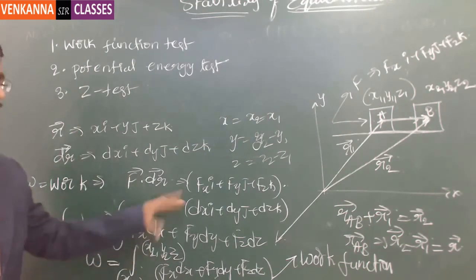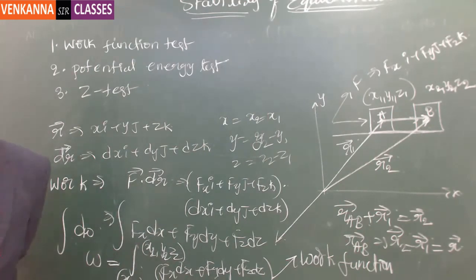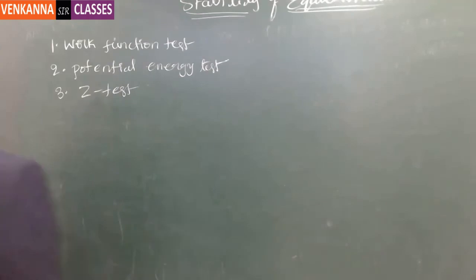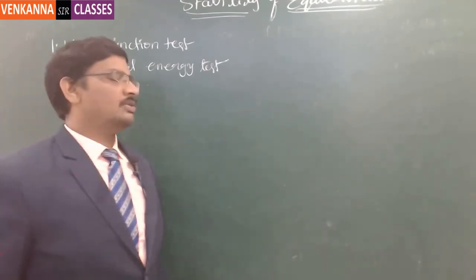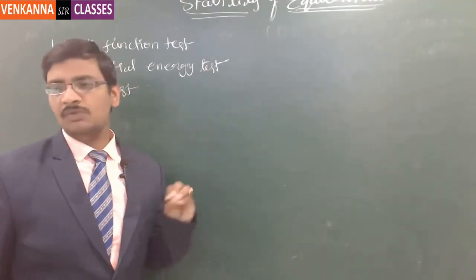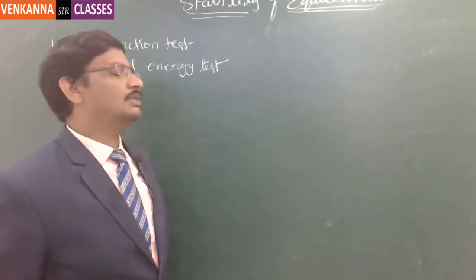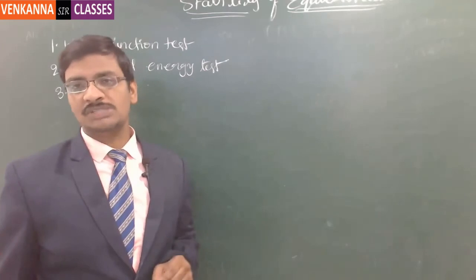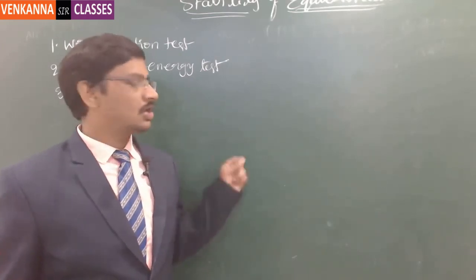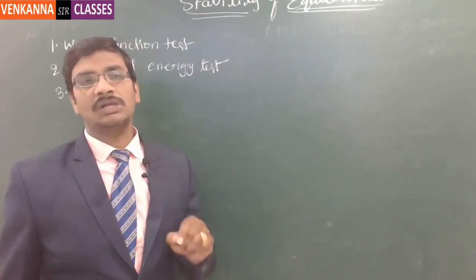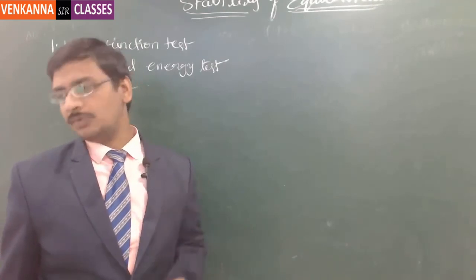Now I will go a little deeper into this work function. Work function is nothing but the work done. So the mathematical view of the work done calculation is the work function. Whenever there is a positive displacement contributed by a force, then positive work is done by the force.